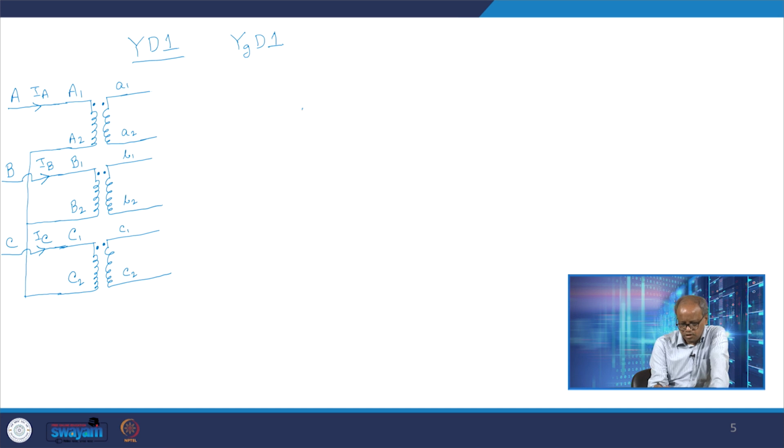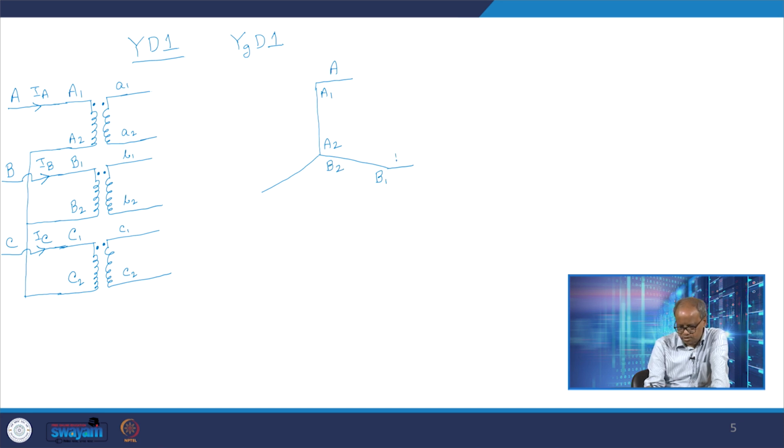Now we will do the vector diagram at the star side. So phase A, phase B, because it is star, phase C. This is phase A, so it is A1, A2. We are just reflecting this. From terminal A1, I am calling phase A. And from terminal B1, this is B1, B2.